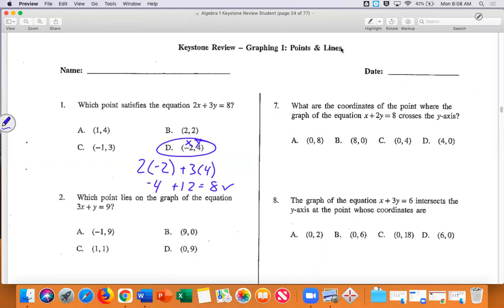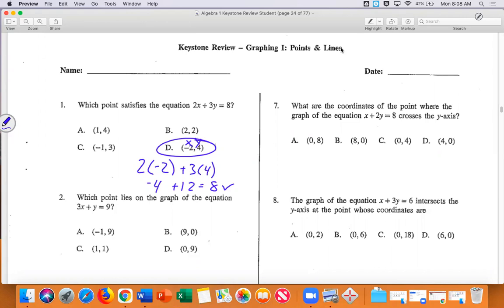All right, Neve, when it says which point lies on the graph of the equation 3x plus y equals 9, what do you think that means? I think the answer is incorrect. Okay. Now, Neve, these two questions are exactly the same.